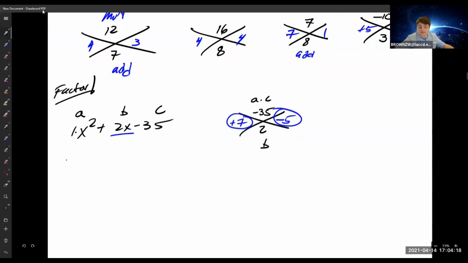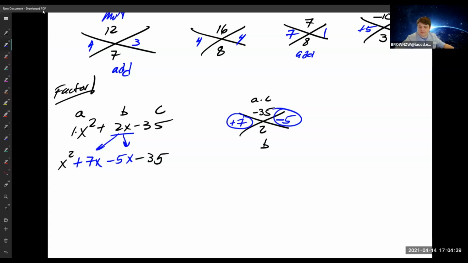So we're going to have x squared, and then plus 7x, then minus 5x, minus 35.